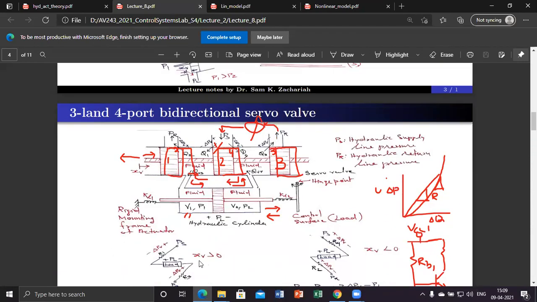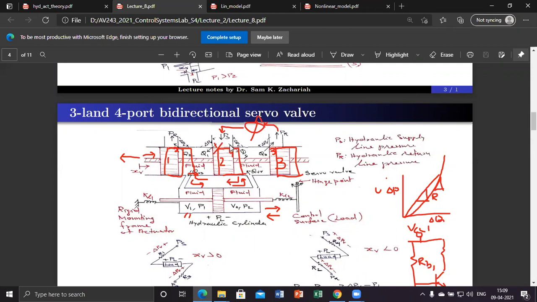In this ideal condition, because of this Wheatstone bridge sort of arrangement, say the supply is 200 bar and the reservoir pressure is 0 bar.